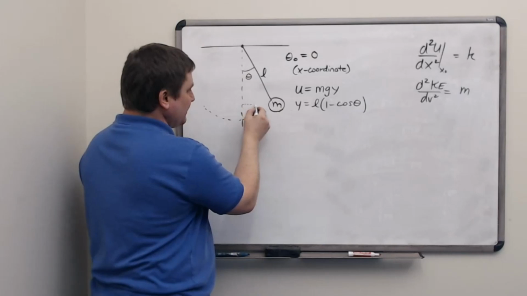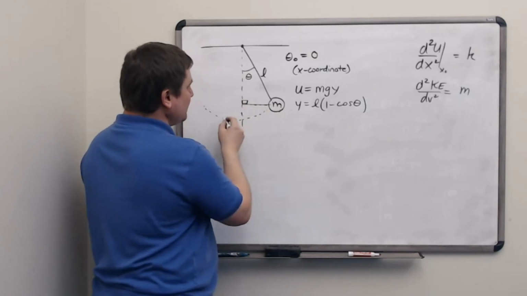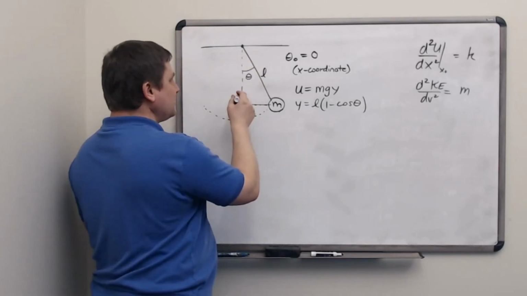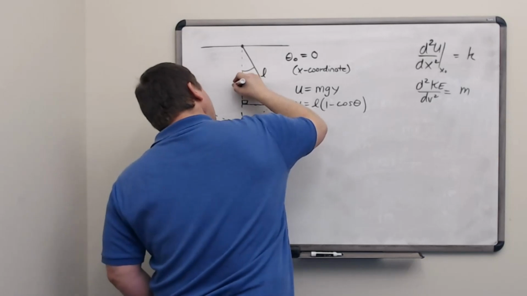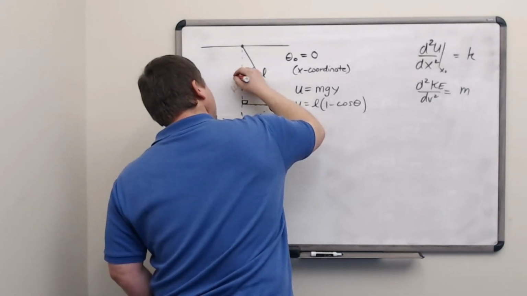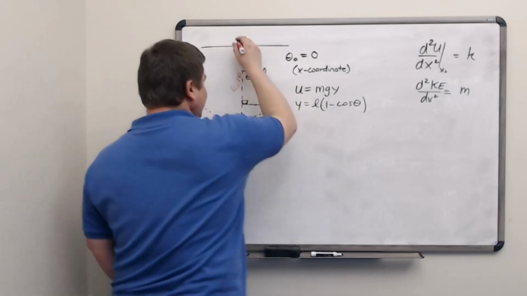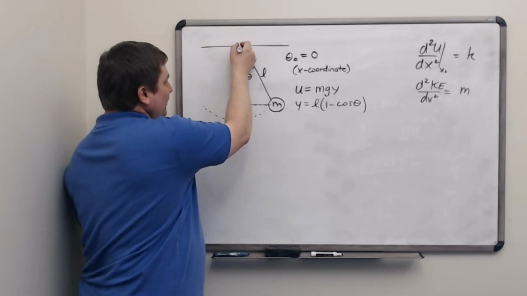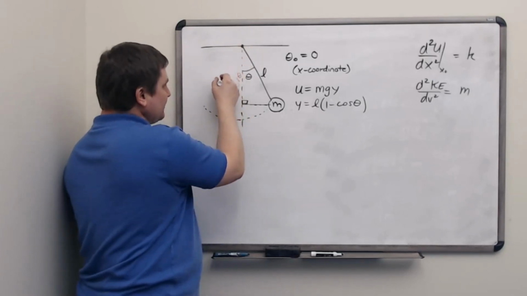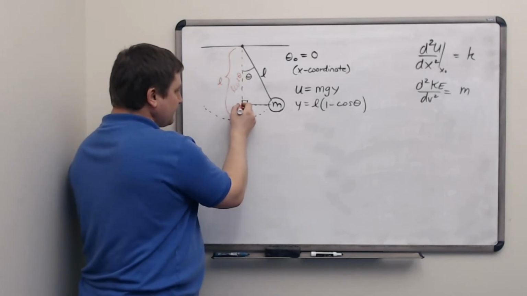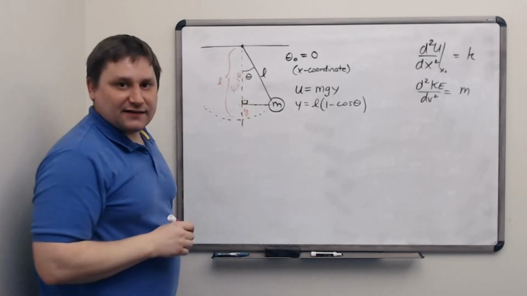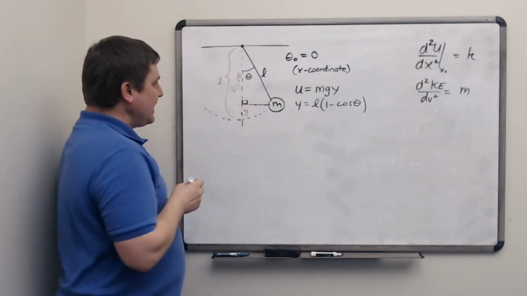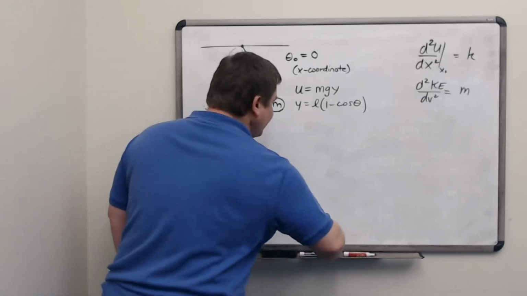If you draw a triangle in here that's right, this angle is at the top vertex, and the adjacent side to that angle is this vertical leg, which is equal to L cosine theta. Of course, the distance all the way from the top to the bottom is equal to L. So the height of the mass from its minimum position, y, is L minus L cosine theta. So that's our y coordinate.